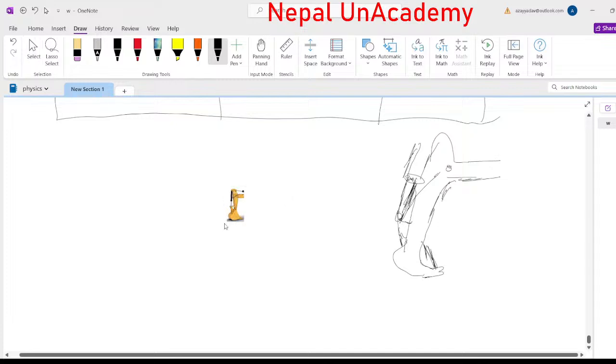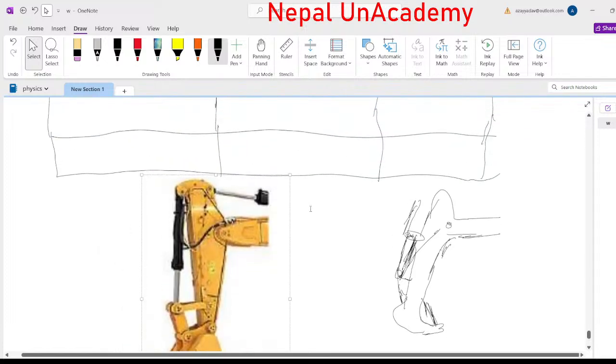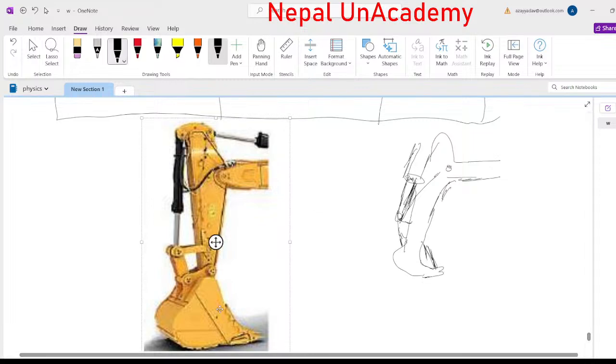So this is basically what we can call a hydraulic machine.